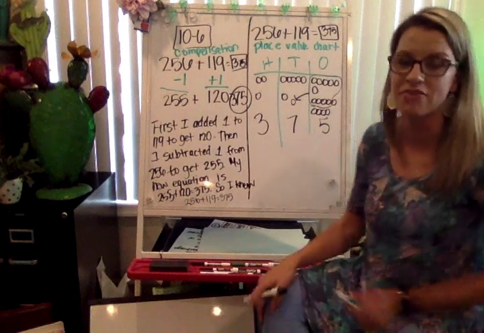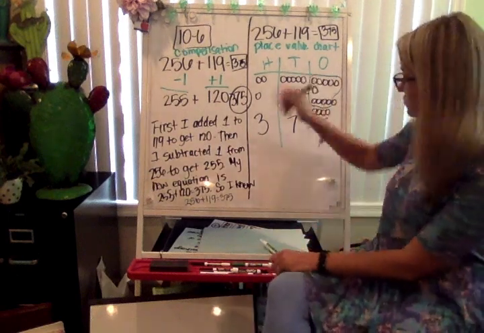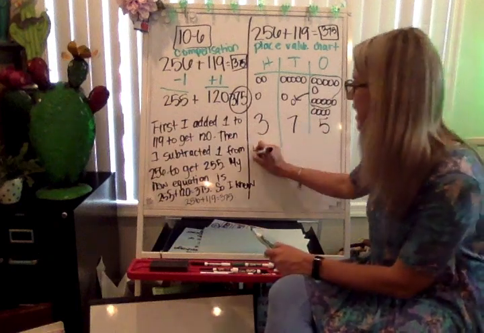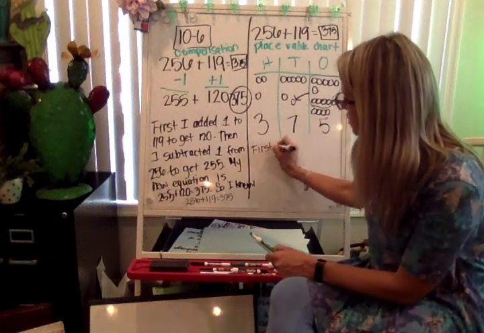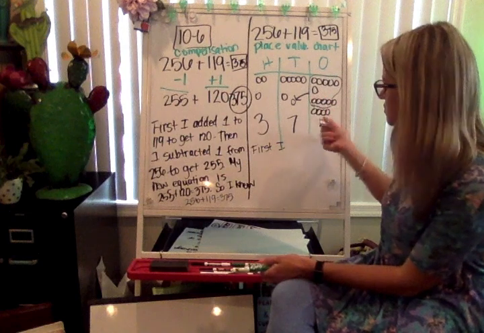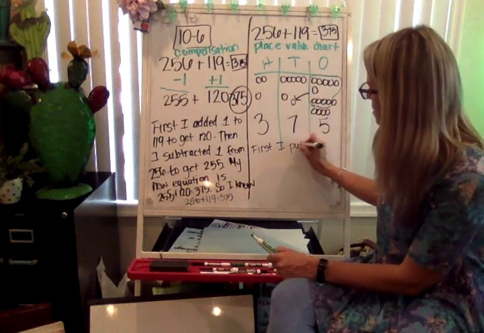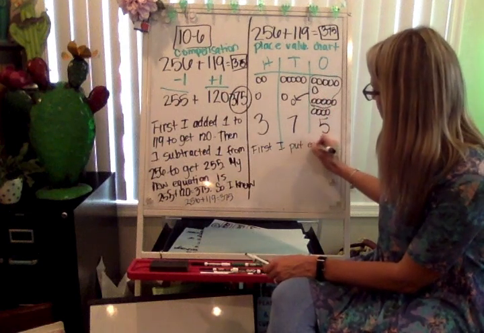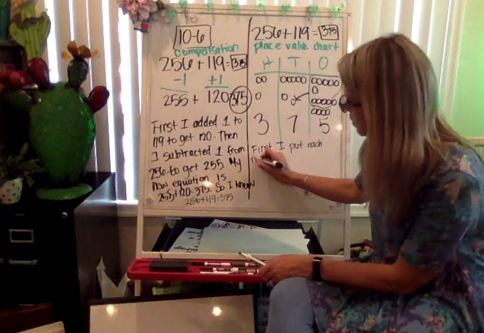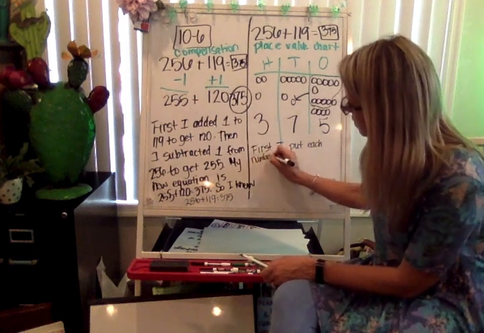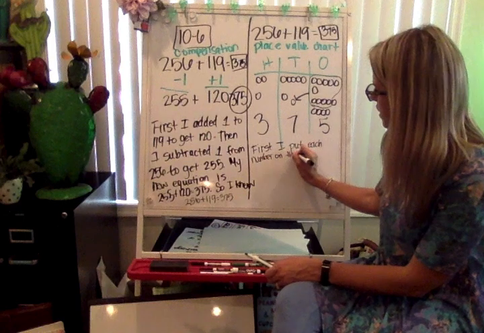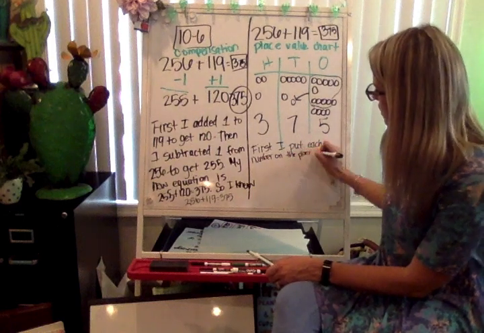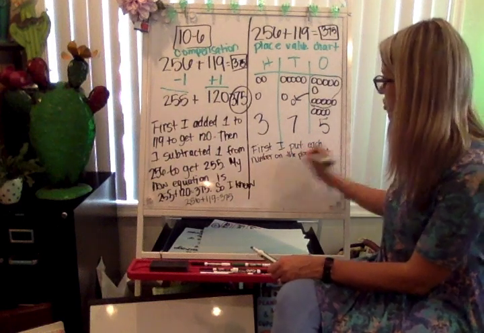So it's really good to have those words. So if I am explaining, first I put each number on the place value chart.